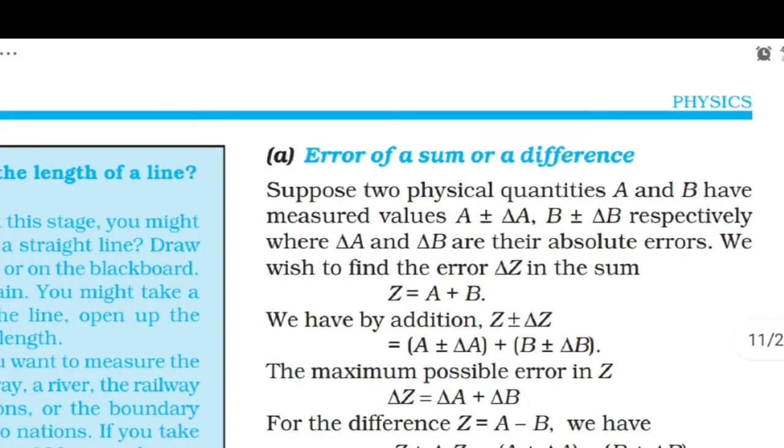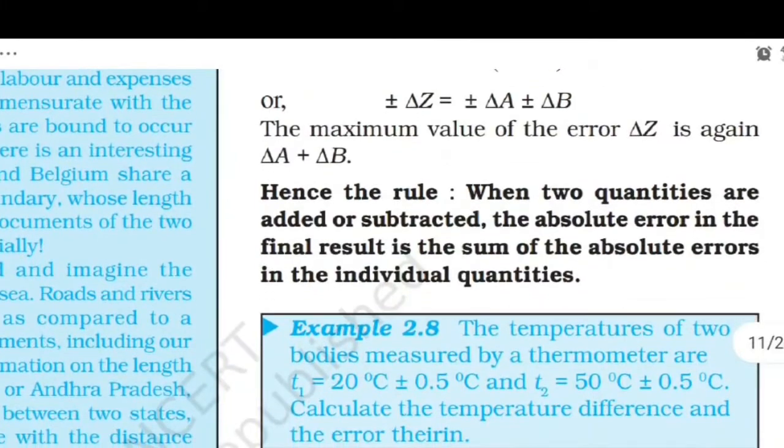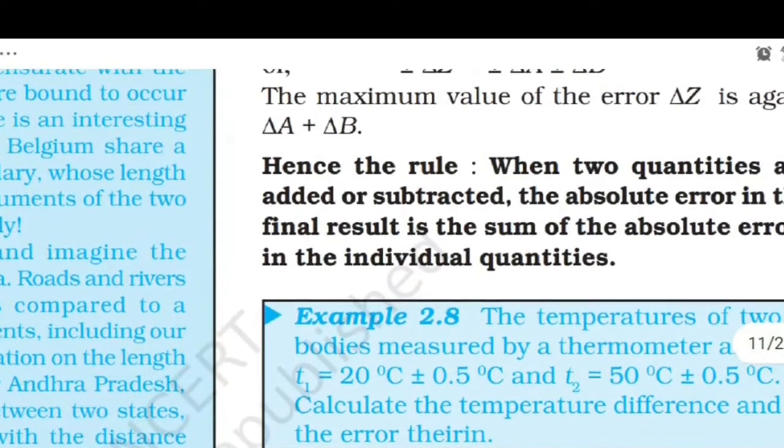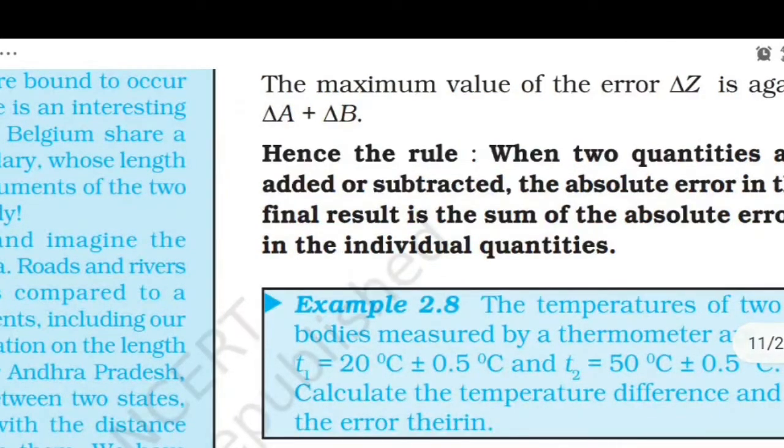So what will be the error in a physical quantity Z, where Z equal to A plus B? You need not pay attention to the steps which are given there. We will not go for the steps. We will only learn that rule. So what is that rule? The maximum error delta Z is delta A plus delta B. Or the rule goes like this: when two quantities are added or subtracted, the absolute error in the final result is the sum of absolute errors in the individual quantities.